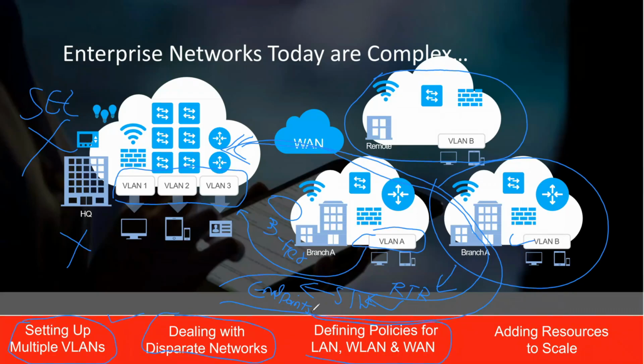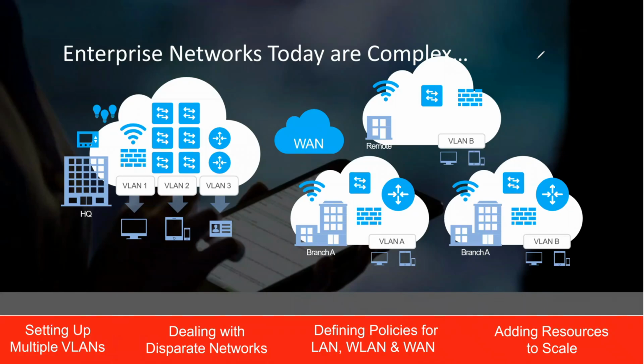Next challenge is defining policies for LAN, wireless LAN, and WAN. Now, if you see, an organization has basically three types of connections.